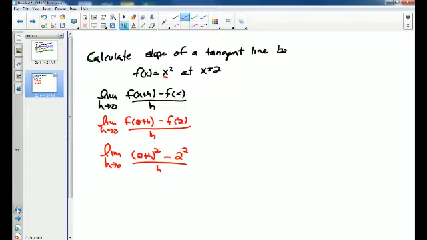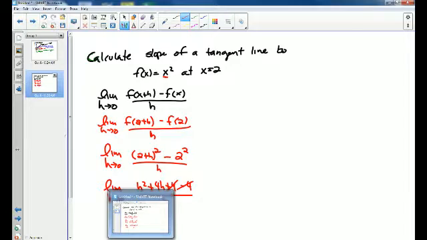You with me? So what's 2 plus h squared? h squared, plus 4h plus 4. FOIL, remember. And I swapped positions. It's not a big deal. Plus 4 minus 4 is 0. Thank you for that.